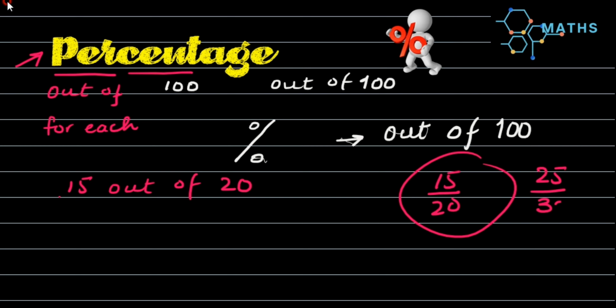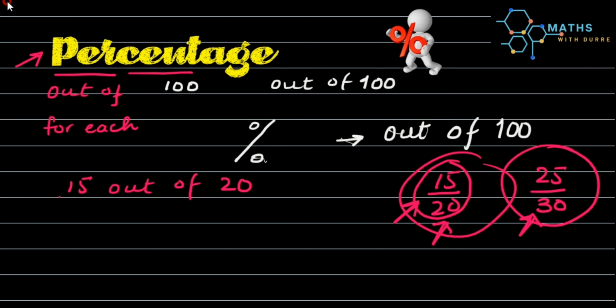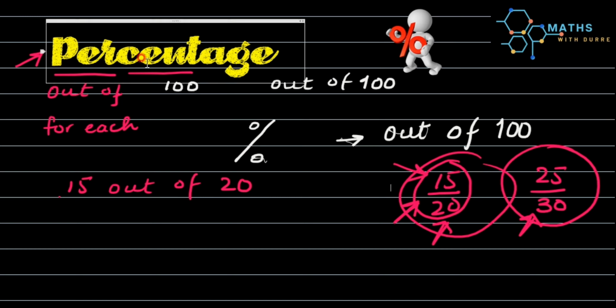So this is basically a fraction. So the question is, how can I convert this fraction into a percentage? Out of 20, I know I scored 15 marks, but out of 100, how much did I score? This is what we need to understand in today's lesson.